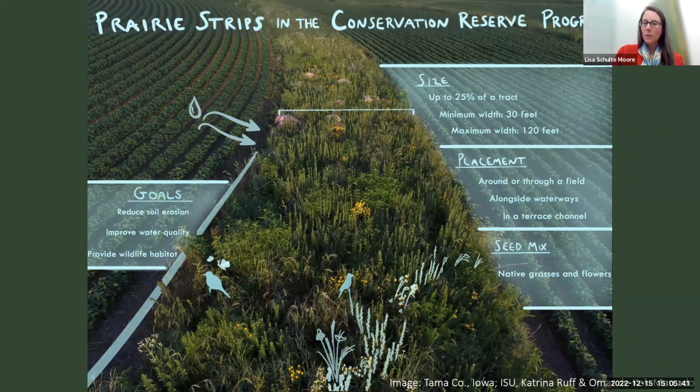The basic idea of prairie strips is using Midwest native vegetation, so diverse perennial tall grass prairie species, integrating that vegetation within the row crop fields, as you can see here in the middle of this photograph, and designing it so that it's intercepting the flow of water and allowing that water to infiltrate, slowing it down as it's moving across the field, with a configuration that hopefully allows those farm fields to still be operable by farmers, and flexible in terms of their placement to address multiple conservation goals.